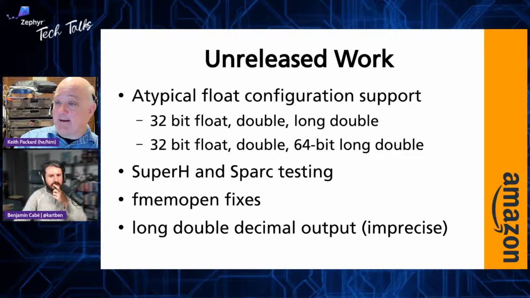On that particular target, the handling of quiet and signaling NaNs is a little wonky. And so Picolibc has some tests that it actually skips on that target because it does things a little strangely. In particular, when you just load a signaling NaN into the hardware and store it back into memory, it goes through this type conversion from 32 to 80 back to 32 or 64 bits.